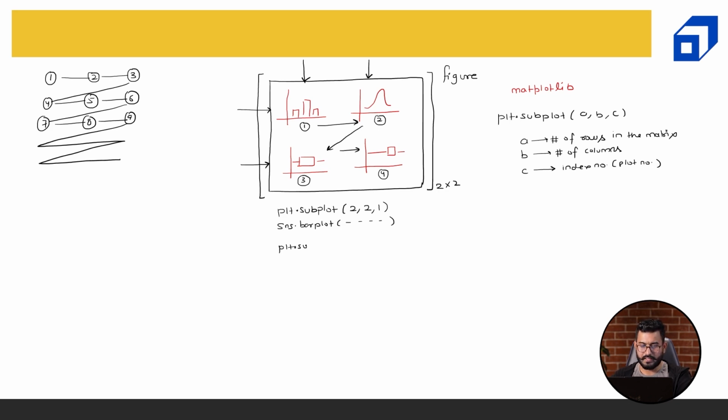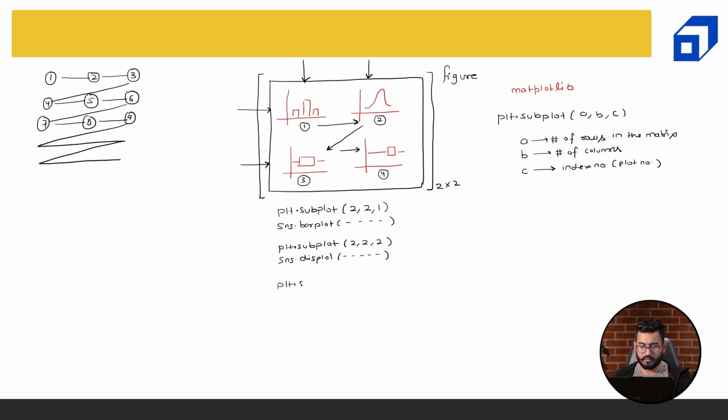Then plt.subplot 2 row 2 column plot number 2. Below this, I'll write the code for the dist plot. So sns.distplot and the name of the column which I want to plot.